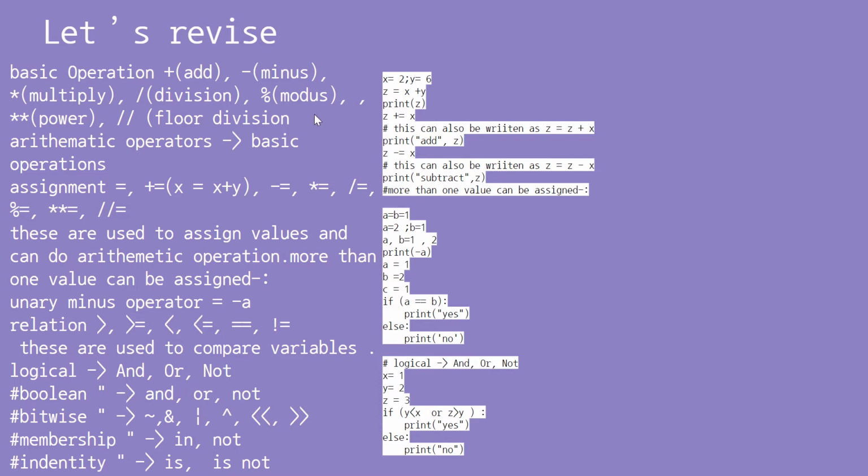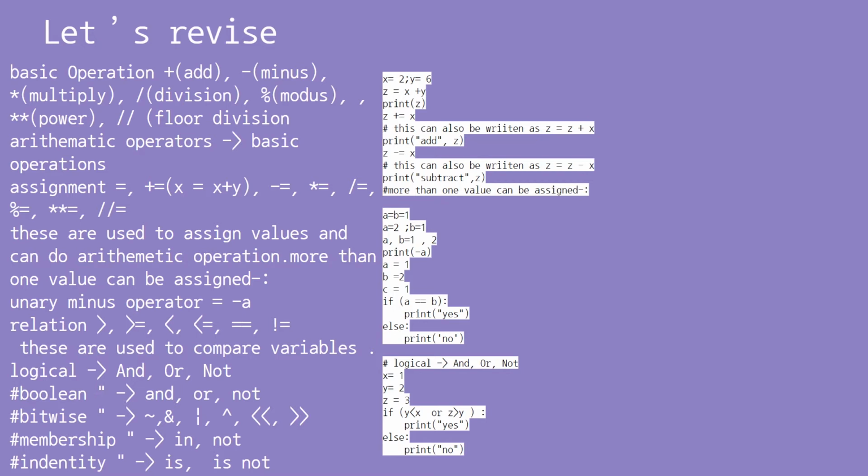Modulus, which, if you saw my other two videos, you would know what it is. It's basically just the remainder of the division. Floor division just rounds down your number so you don't get a decimal with it. So arithmetic operators are the basic operations.